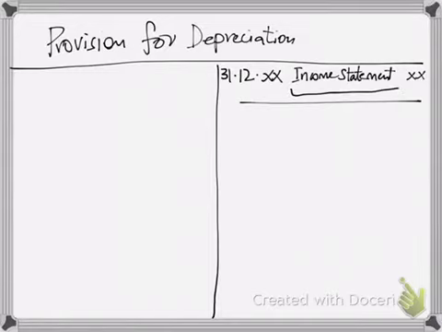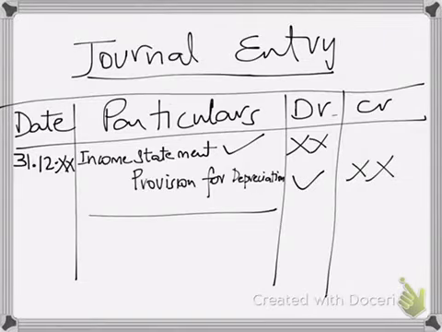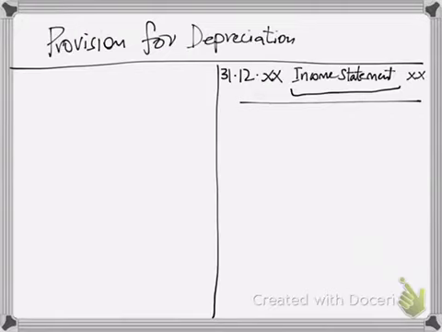And in the particulars you write income statement. Why? Because the debit entry for it is being made in the income statement, just like when you saw the journal entry. The debit entry is being made in the income statement and the credit entry is being made in the provision for depreciation account, right? So this is the journal entry and this is how you do an entry in the T account.